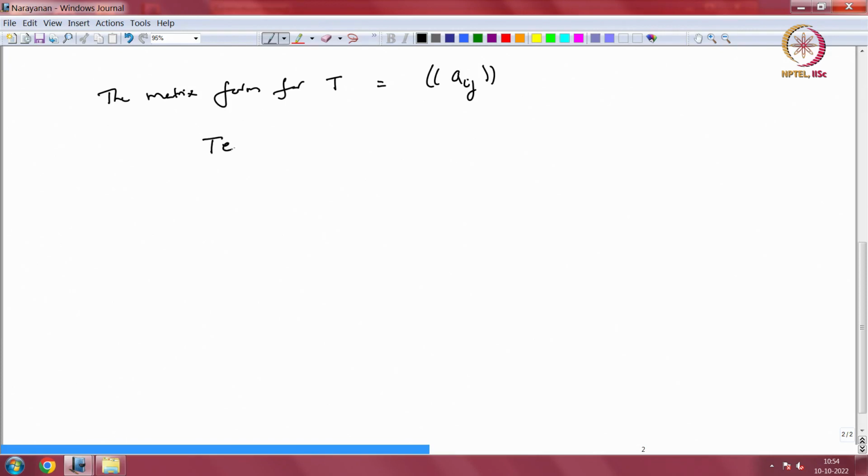So Tej you expand in terms of the basis vectors ei, and you will get a_ij, right, i going from 1 to n. So the coefficients a_ij are what comes there, and also notice that a_ij is nothing but the ith component of Tej. So you write it as a column and take the ith component, right. So that is how you write the matrix form for any linear transformation.